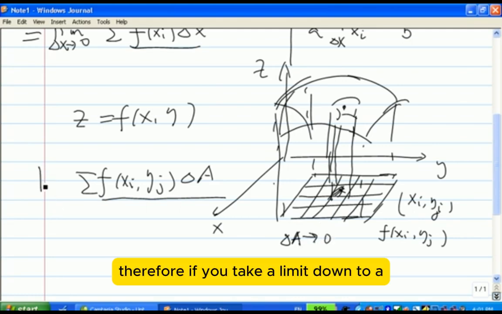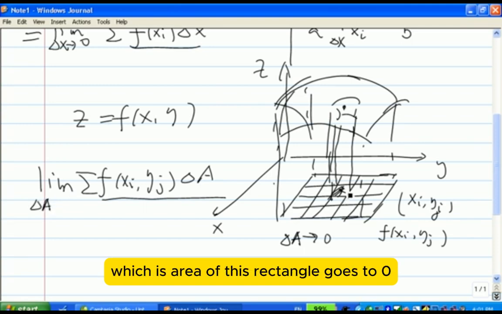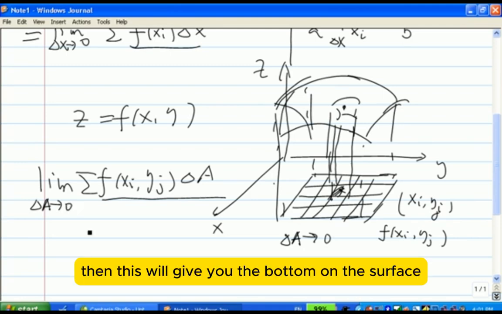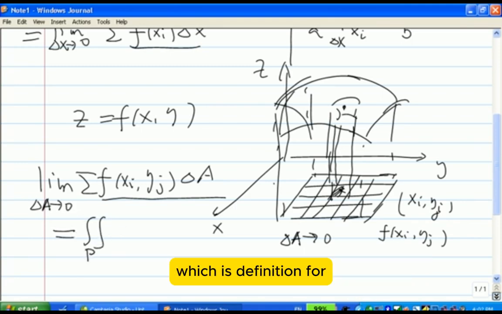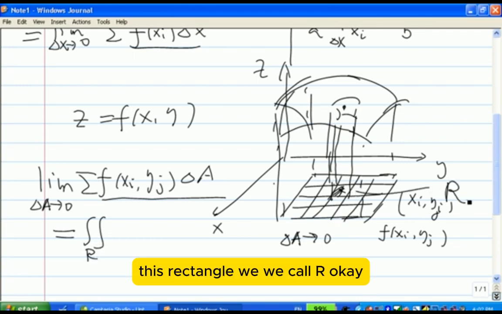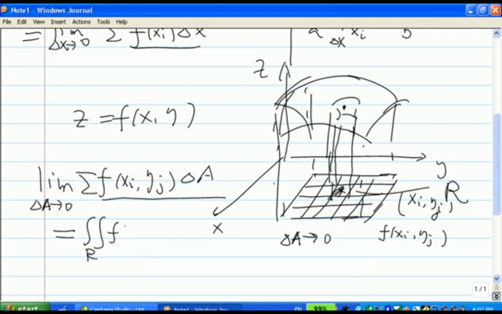Therefore, if you take a limit, with delta A, the area of this rectangle, going to 0, then this will give you the volume under the surface, which is the definition for the integral over this rectangle, which we call R: the double integral of f(x, y) dA.